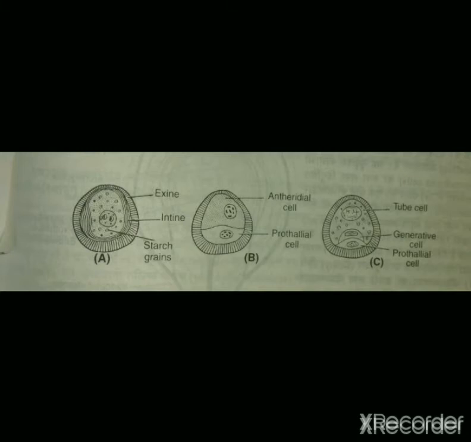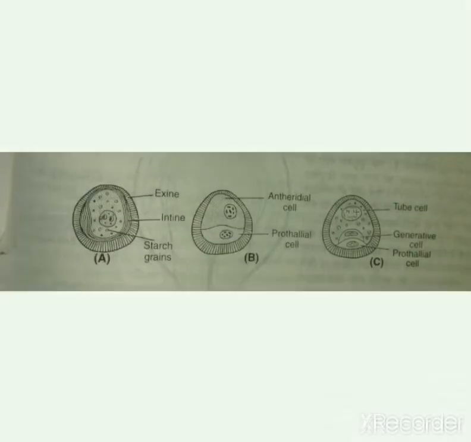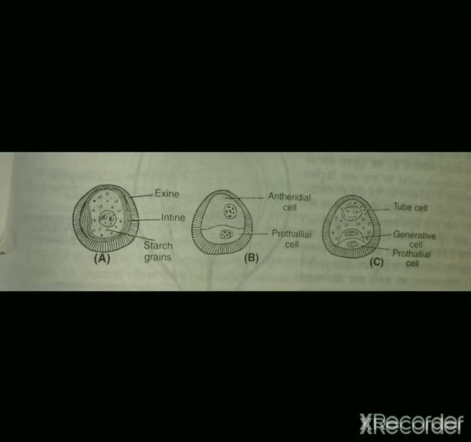In this division the nucleus divides, forming two cells: the first is known as the prothallial cell and the other is known as the antheridial cell. So through mitotic division they form two types of cells.